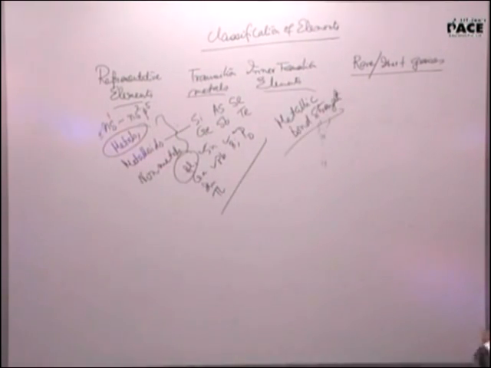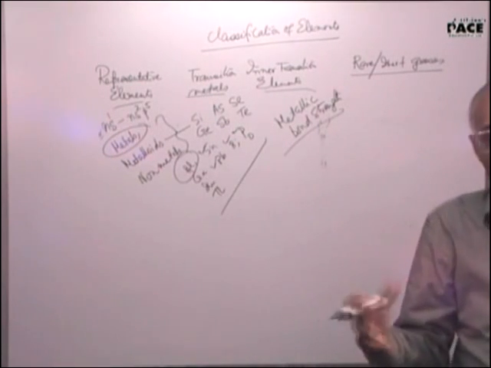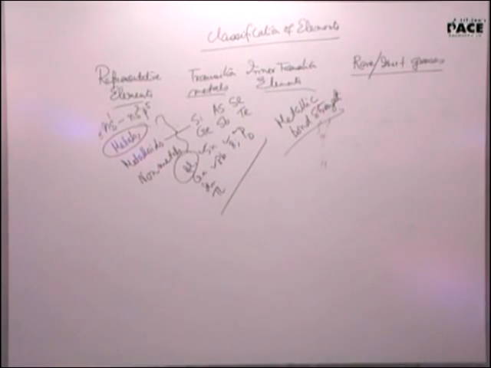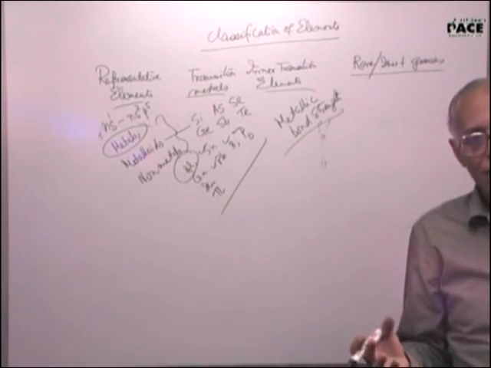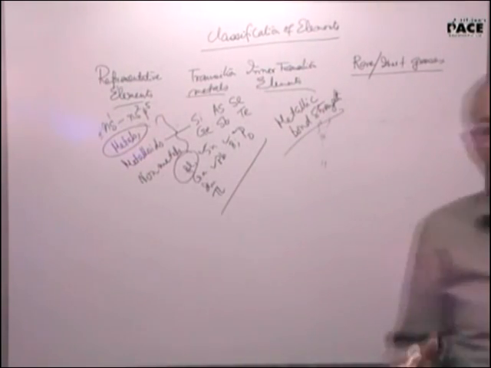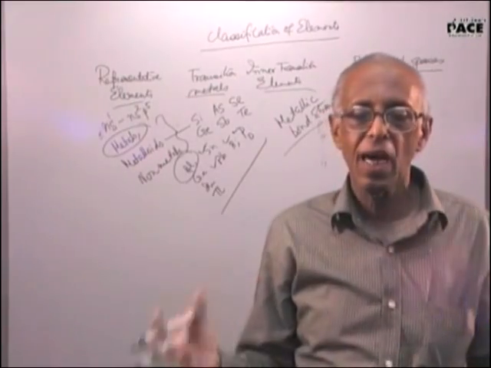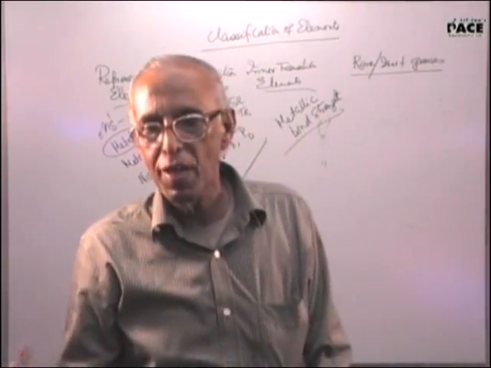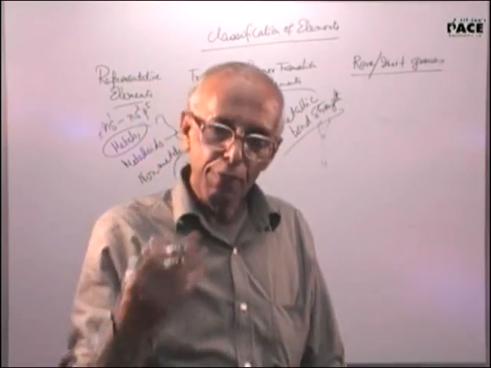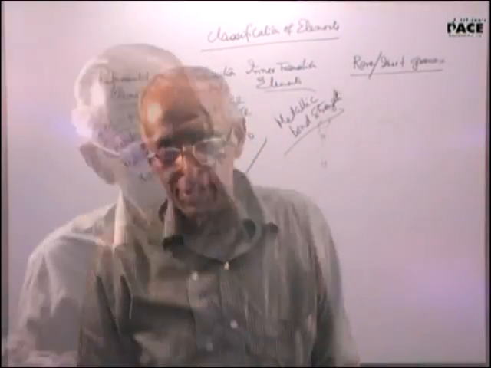Metallic bond strength determines the cohesive force that exists in a metal. The higher the cohesive force, the stronger the metal, the higher the boiling point, the higher the hardness. So boiling point, melting point, and hardness are a reflection of metallic bond.